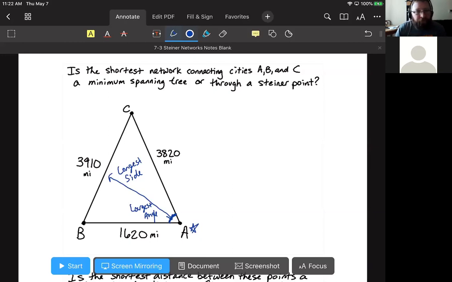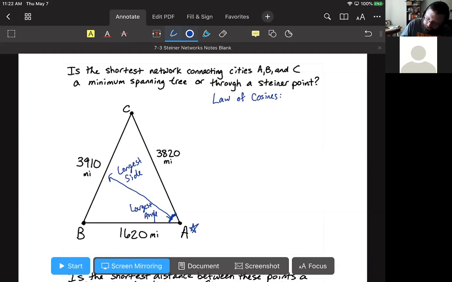Now, I decided to go with the hardest example first because I know that sometimes you guys lose steam. So in this case, we need a way to find an unknown angle when we know three side lengths. We did that back in trigonometry. That requires the law of cosines.